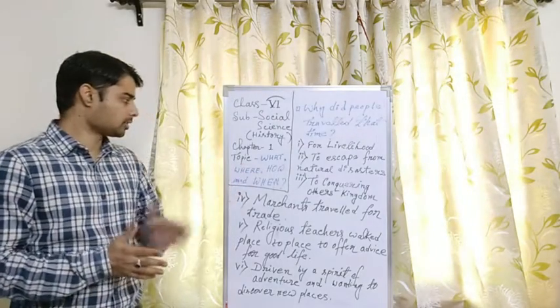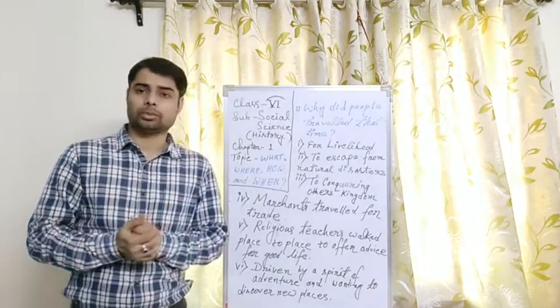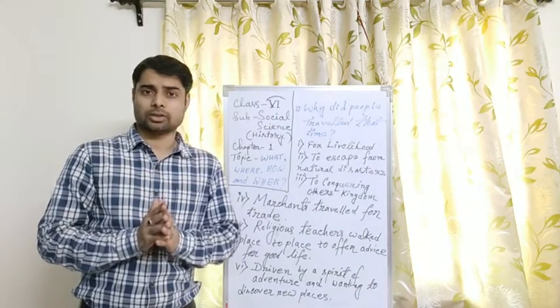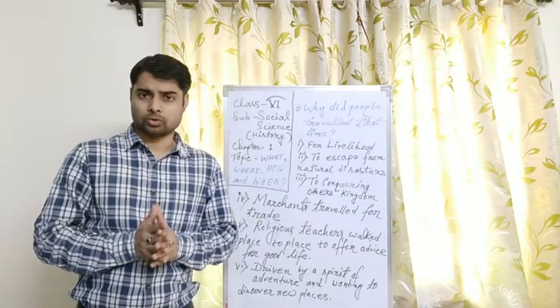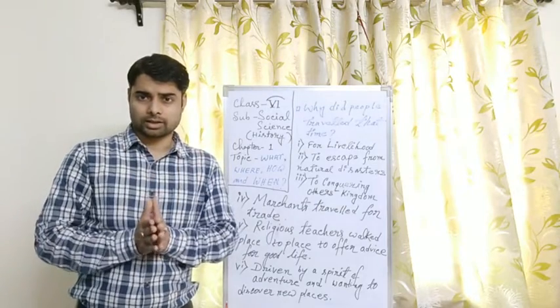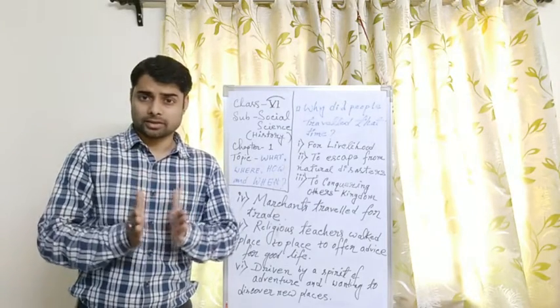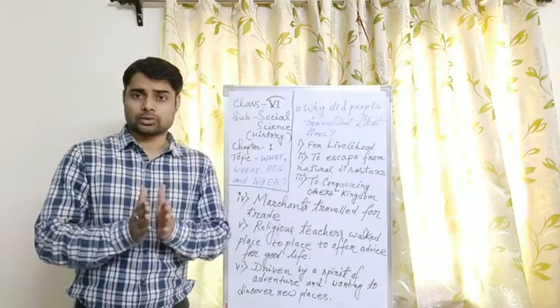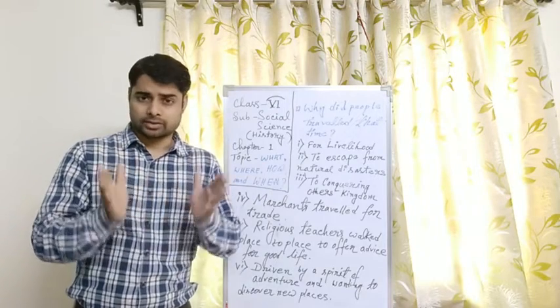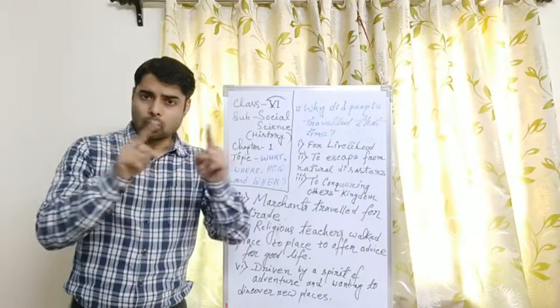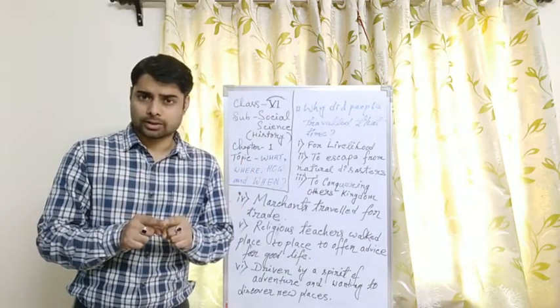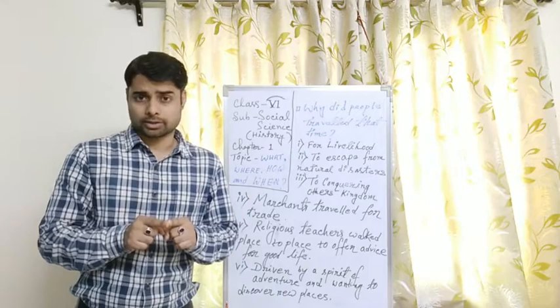Now the next subunit: where did people first establish their villages and towns in our Indian subcontinent? Why is it called a subcontinent? Because India and its neighboring countries at that time were not separate countries. All the countries together are called the subcontinent.